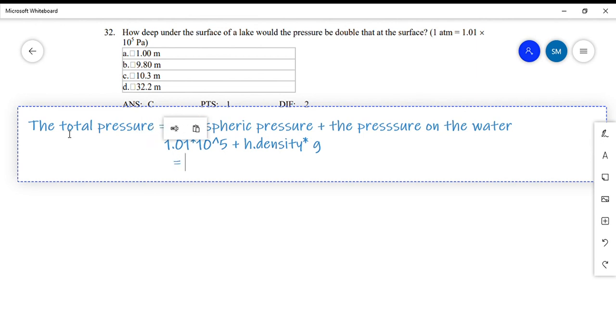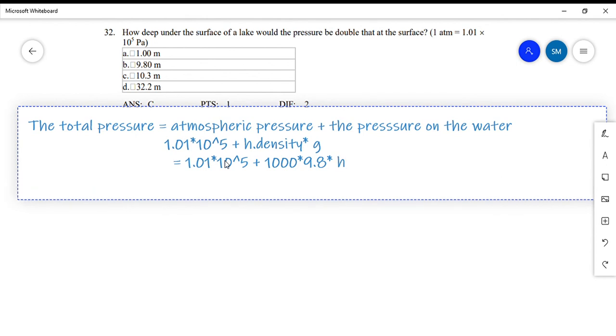Is equal to 1.01 times 10 power 5 plus density of water, we all know this, 1000 times 9.8 times the height. How deep under the surface of a lake would the pressure be double that at the surface?